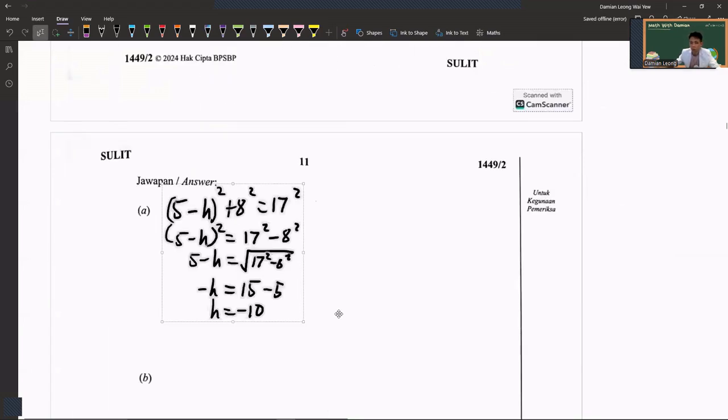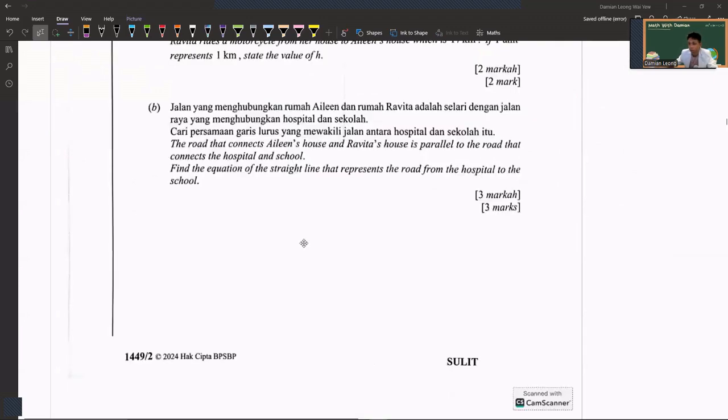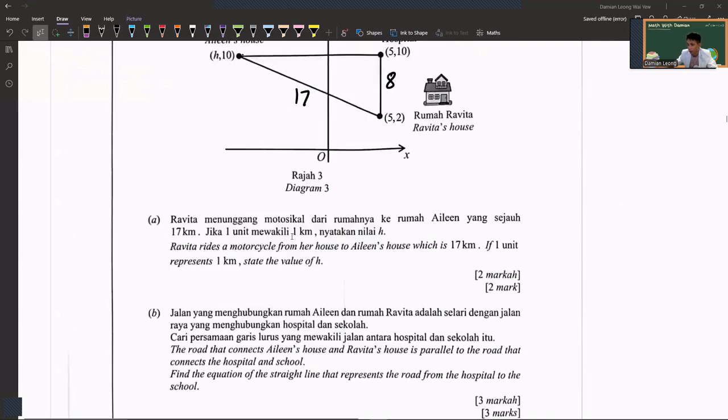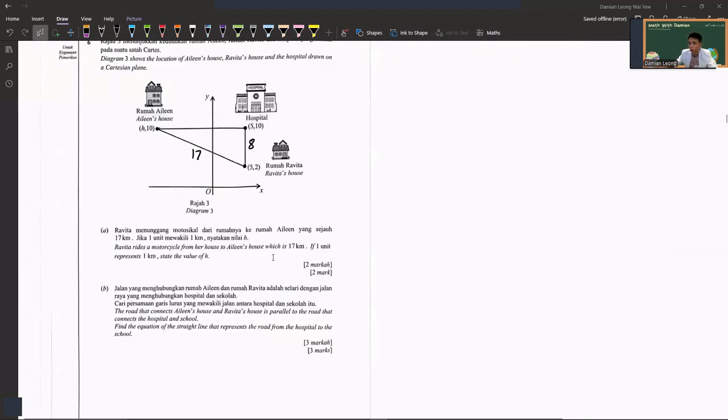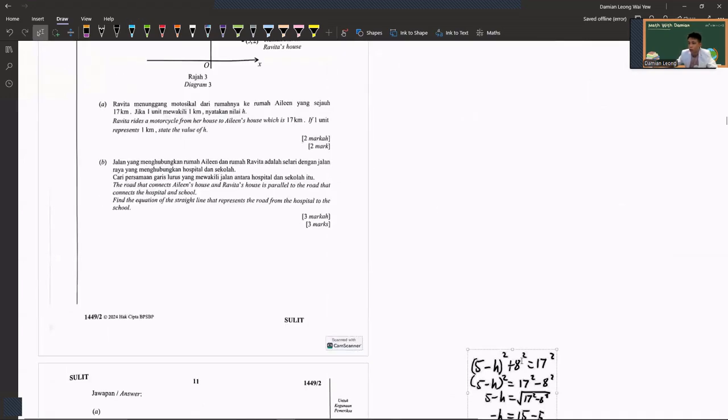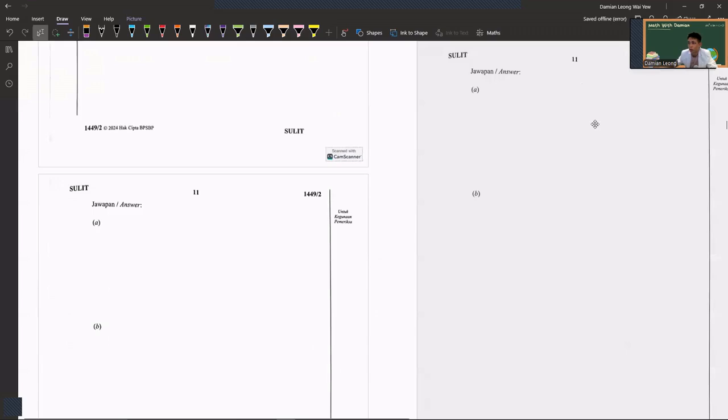Okay, that's for part A. Part B. The road that connects Eileen's house and Ravita's house is parallel to the road that connects the hospital and school. Actually, let me put this here, easier to see.